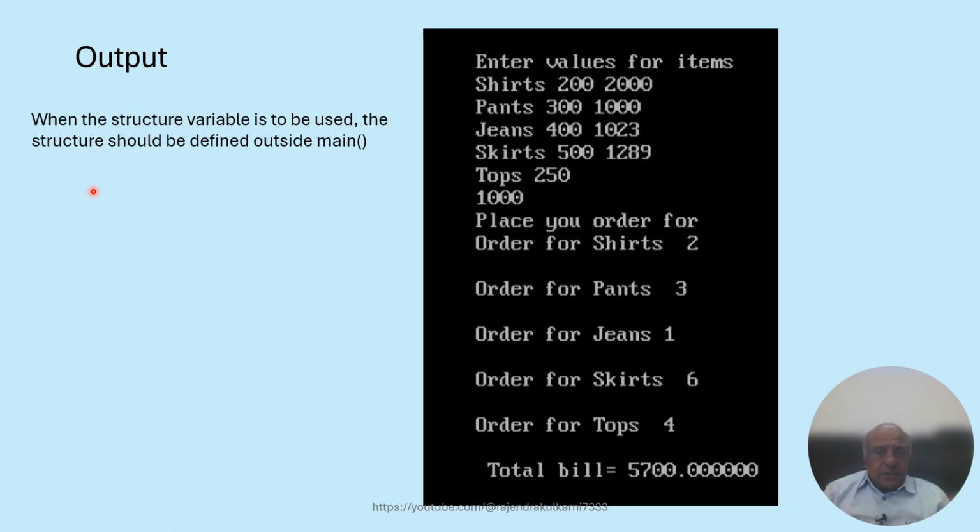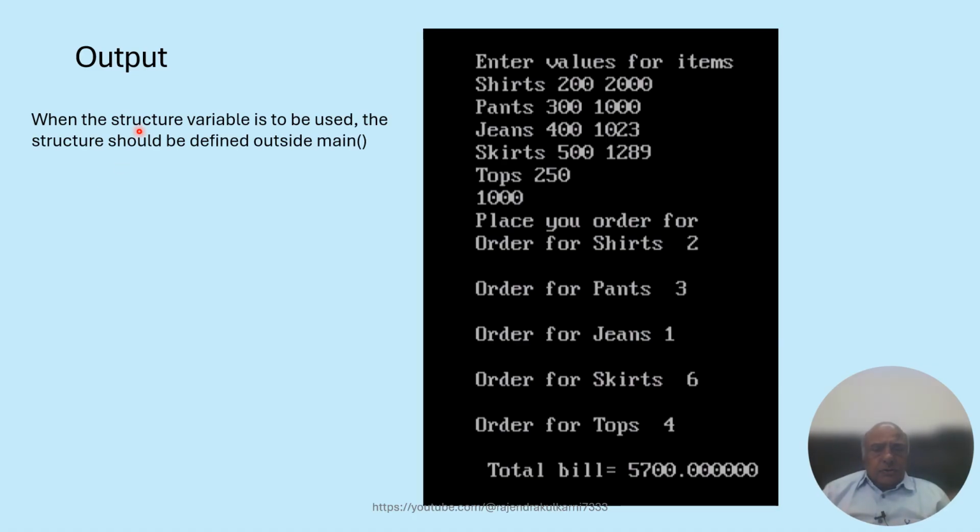It is mandatory to declare a structure outside of main, which makes it global, when the variables of that structure are being used outside the main in the functions declared and initialized by us.